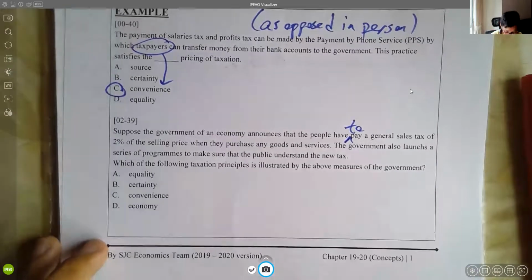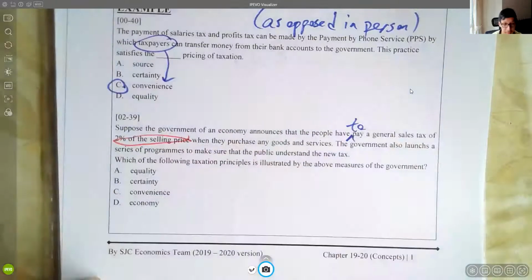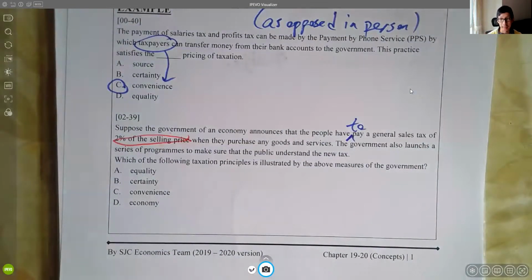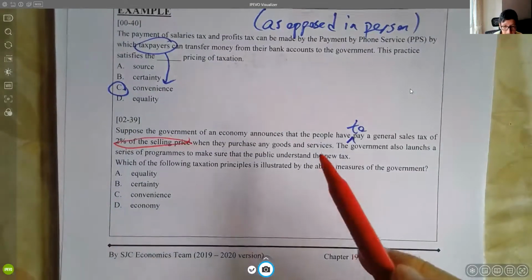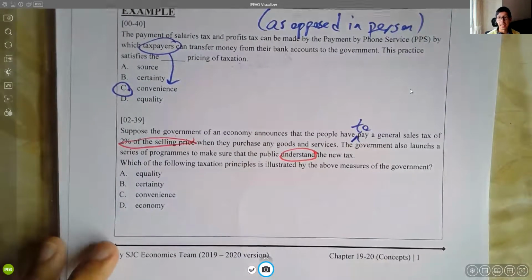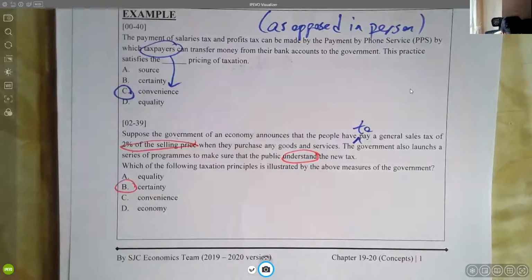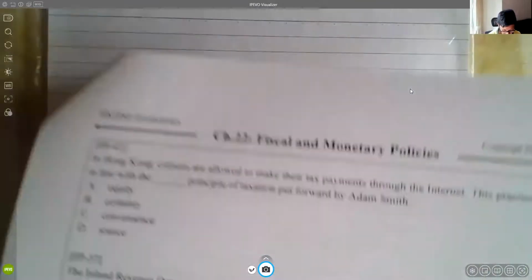Here you see they explain it is 2% of the selling price, so you don't need to guess how much, and they make sure people understand the rules and the amount. Do you see these words? It means it would be the certainty principle. They help people understand the tax. That would be certainty. All right, next one.